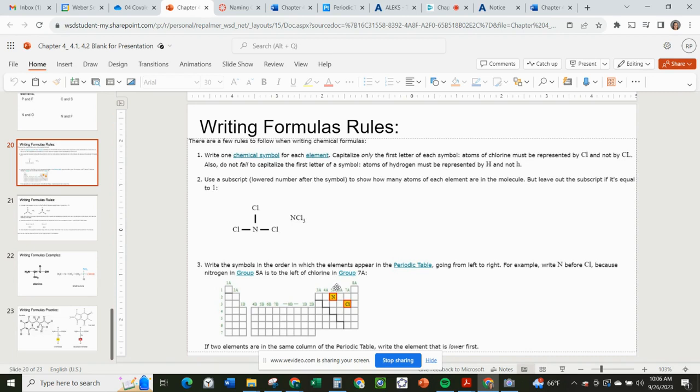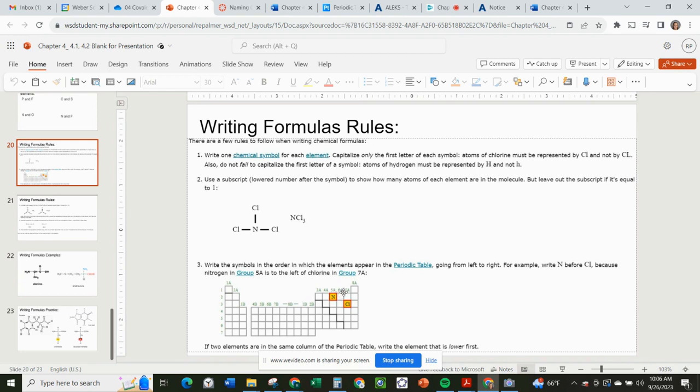Hydrogen fits between group 5A and 6A, so carbon, nitrogen, hydrogen would fit right in between group 5A and 6A, and then we go to oxygen and fluorine. So again, order is left to right on the periodic table. Hydrogen should fit after nitrogen in our chemical formula.